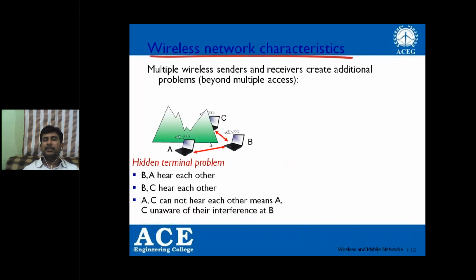And then we talked about two types of issues that can be raised, called the hidden terminal problem and the interference problem. If two devices which are hidden from each other are creating interference, we call it the hidden terminal problem. Those that are not hidden, but there is a decline in the signal strength resulting in interference, that is the second scenario.